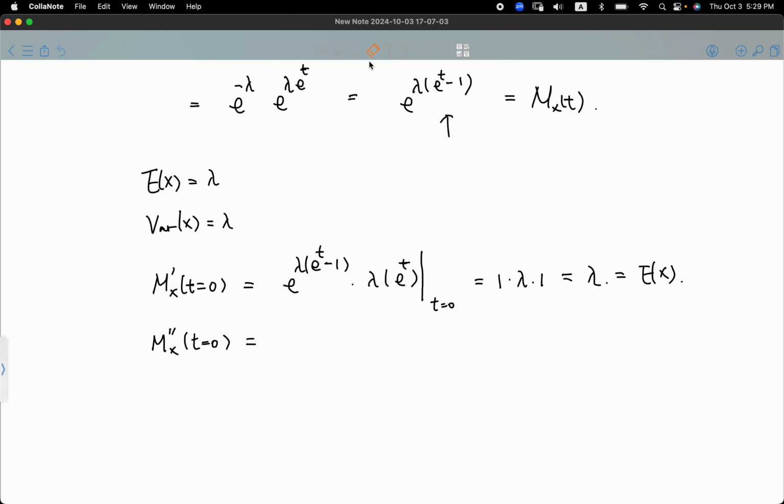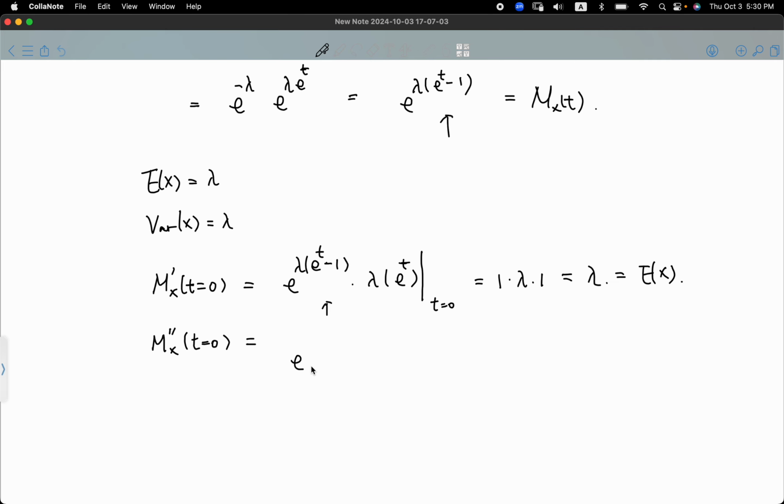Okay, so let's take the derivative first. Maybe we can work on this term here first. The derivative of this is essentially just the whole thing, which is just the first order derivative.